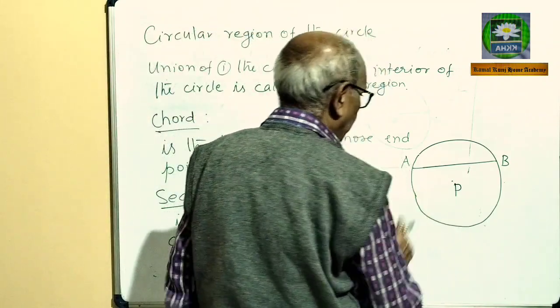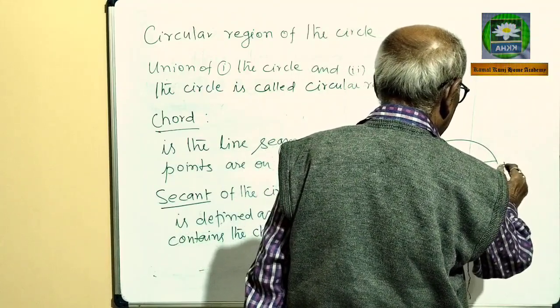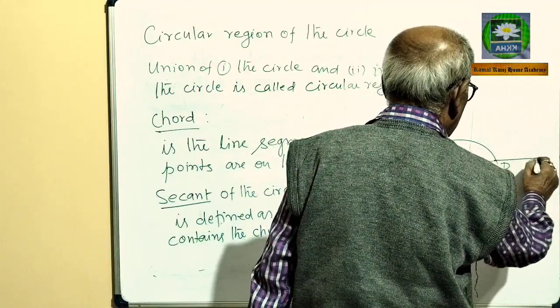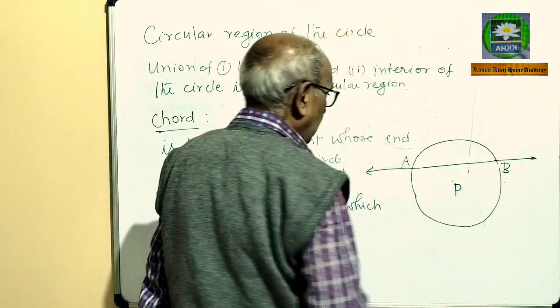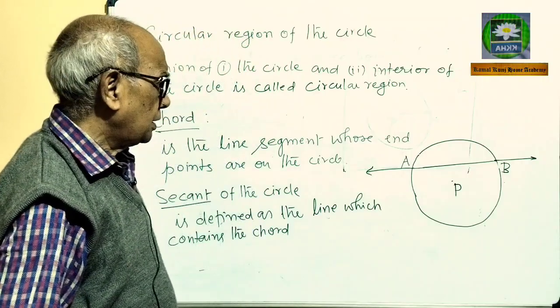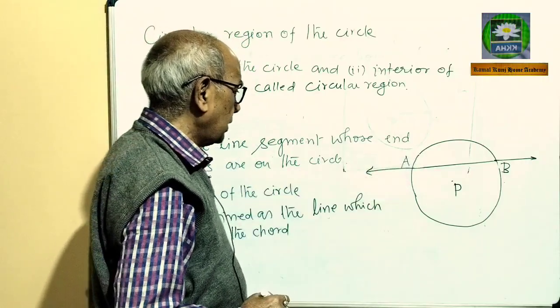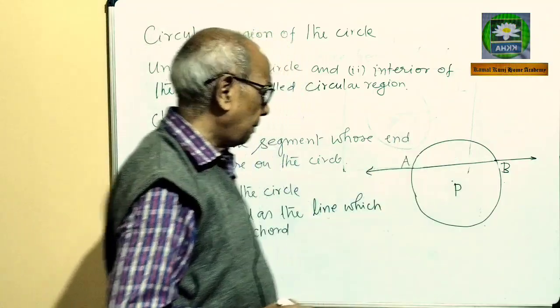For example, this line AB is called the secant of the circle. And line segment AB is called the chord.